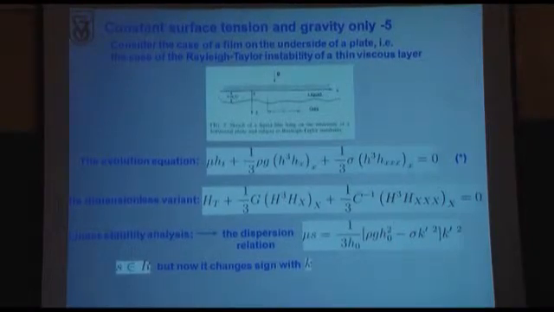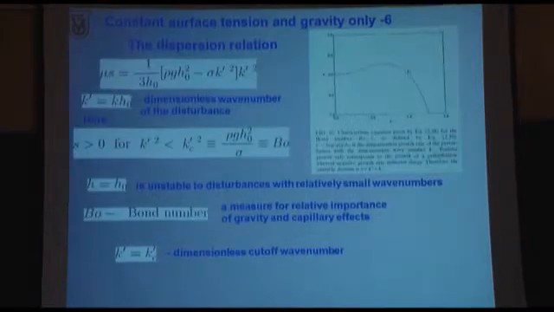So the resolution of this is shown here. The growth rate is actually positive if k squared is smaller than this value, and this is called the bond number. Now the bond number is the ratio between the gravity effect, or the body force effect, and the capillary effect. Okay, this is the bond number.